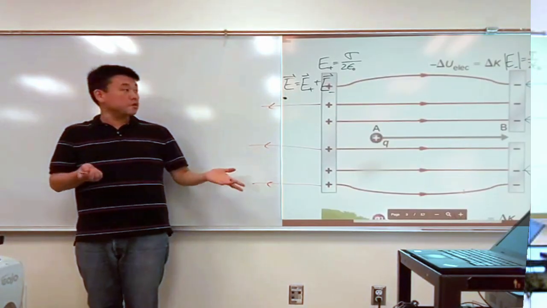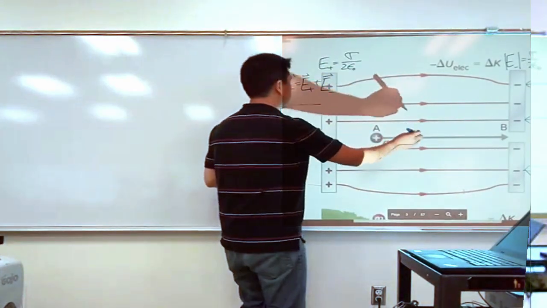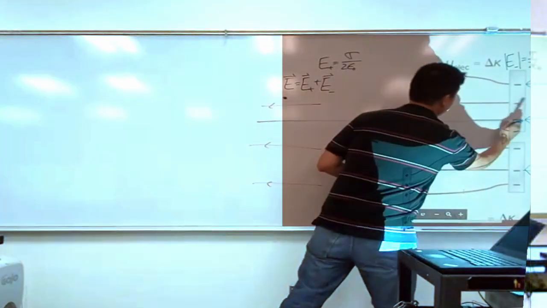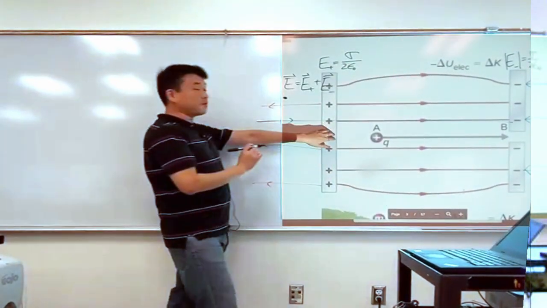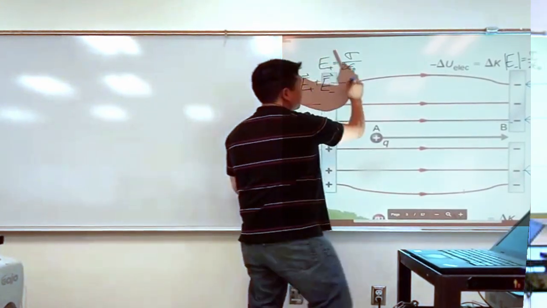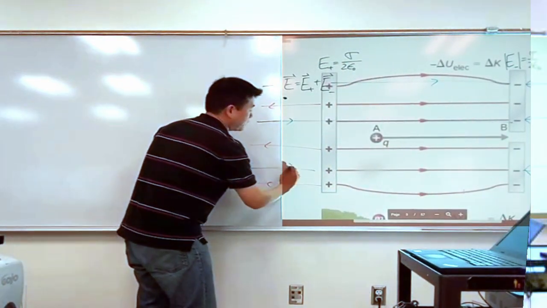So it becomes a question of, if I extend these electric field lines, the field lines pointing towards the negative plate, it comes out all the way over here. It doesn't stop at the positive plate. The field line due to the negative plate comes all the way out here.